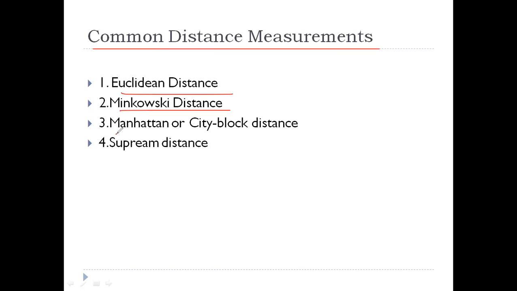The third one is Manhattan or city block distance. The fourth one is supremum distance. These are common distance measurements between two data objects, right? Coming to the first one, Euclidean distance.